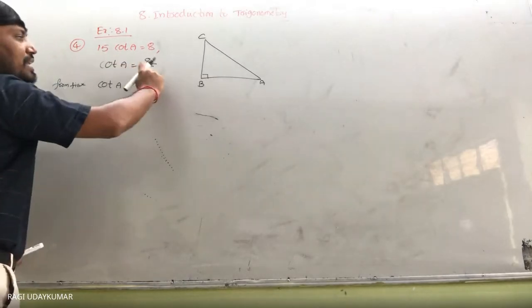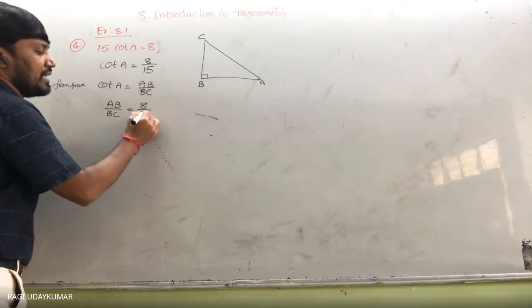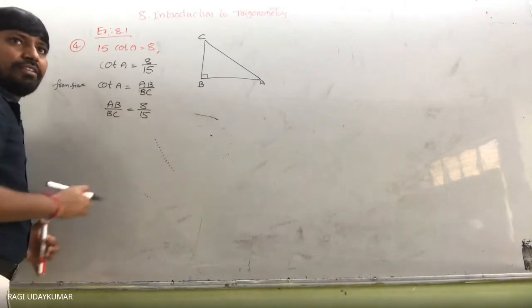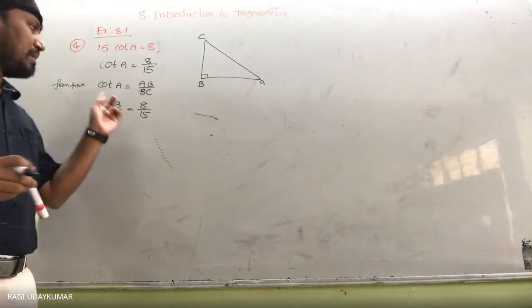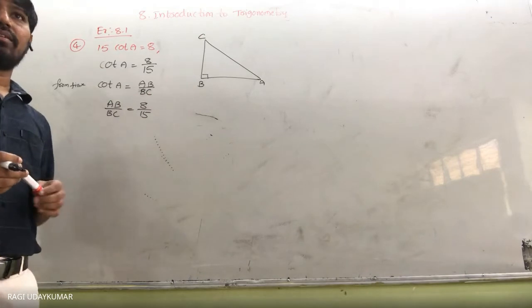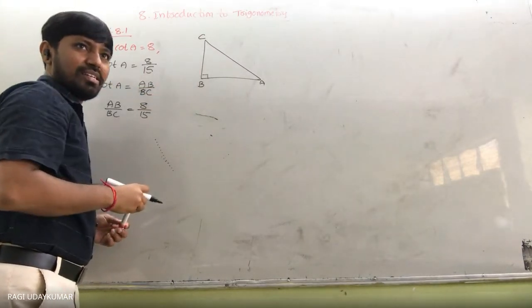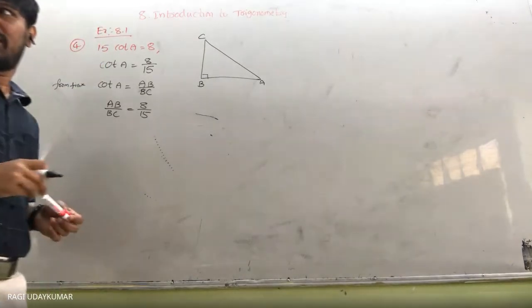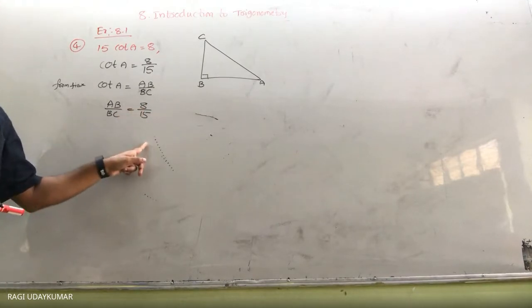Since cot A is given, AB by BC is equal to 8 by 15. That means AB equals 8, BC equals 15? Did you not understand?